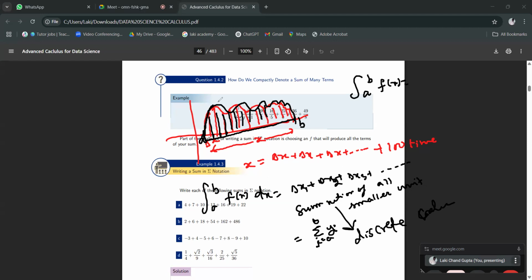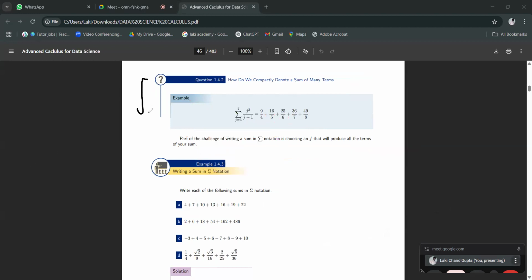But when you combine all things, then this function becomes continuous value, because you are continuously integrating all things. Basically, I'm saying that when a function from a to b is integrated, it is the same as the summation of a function from I equal to a to b.